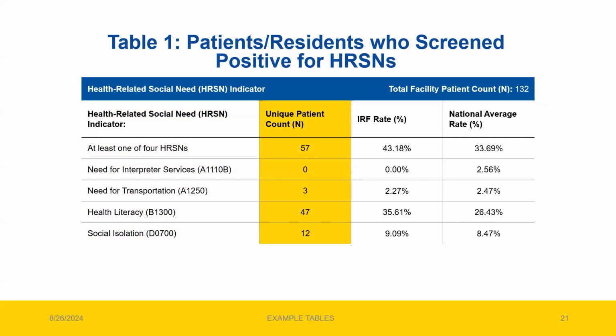The sample IRF has 57 patients who screened positive for at least one HRSN in the specified performance period. We also see that the IRF has 0 patients who screened positive for a need for interpreter services, 3 patients who screened positive for a transportation need, 47 patients who screened positive for a health literacy need, and 12 patients who screened positive for social isolation.